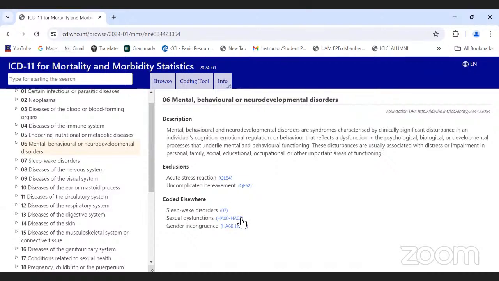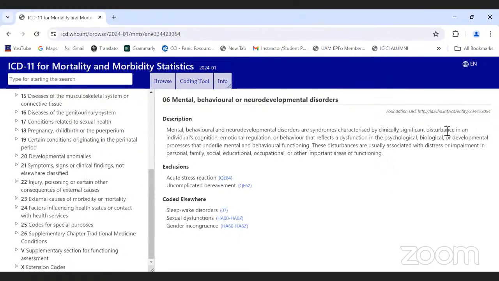This coding is important because if you give a code, six, and beside six you write an alphabet, like H A00, any clinician anywhere in the world will know which dysfunction we are talking about. This is coded elsewhere. Why am I not able to access this?